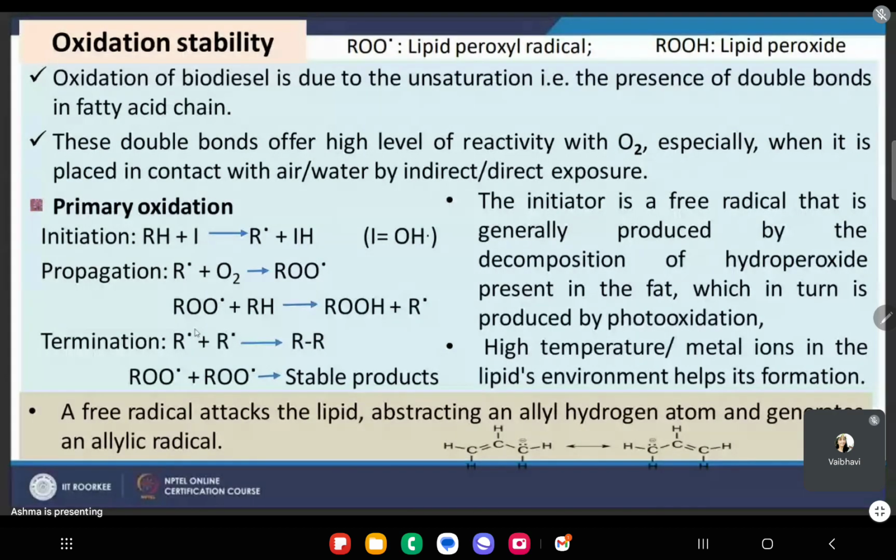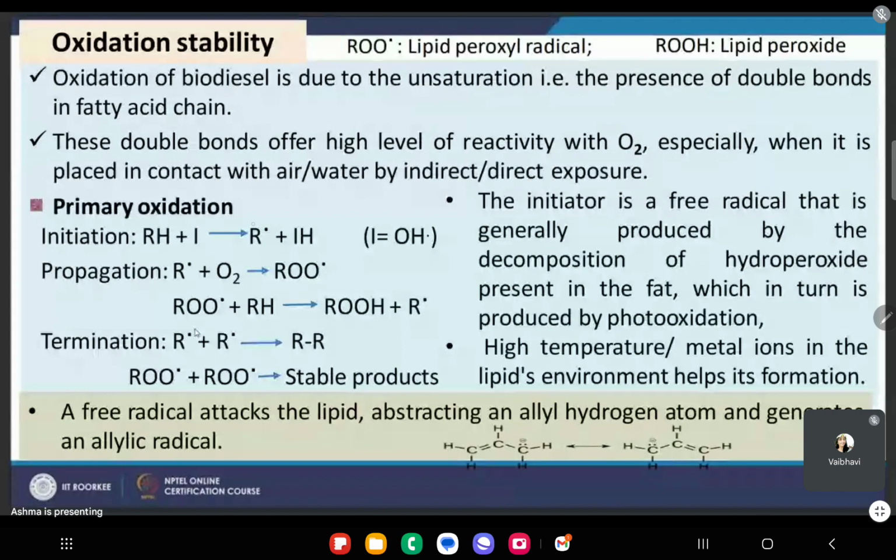The double bond often offers a high level of reactivity to oxygen, especially when it is placed in contact with air or water. So first what happens, the initiator is a free radical. The free radical is formed. This is produced by decomposition of hydroperoxide that is present in the fat, and high temperature or metal ions in the lipid environment help in its formation.